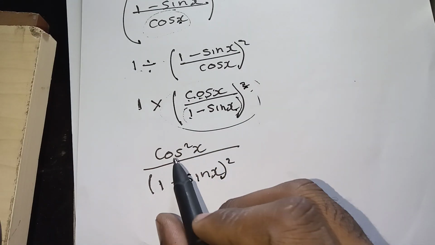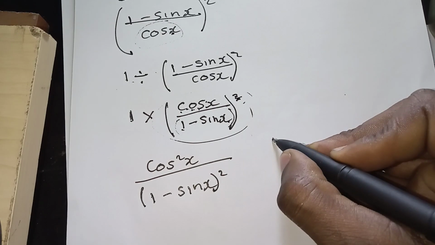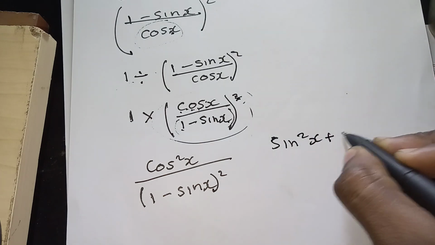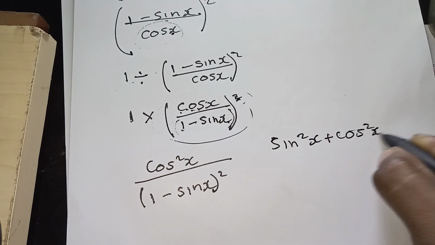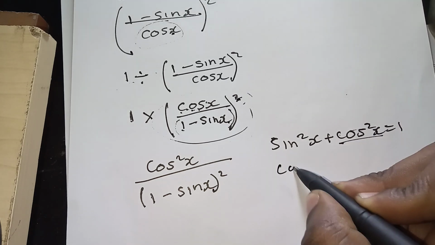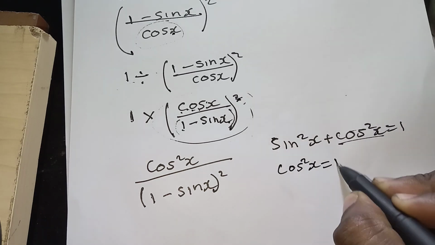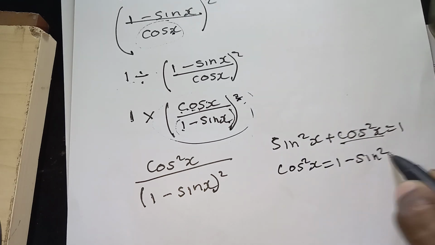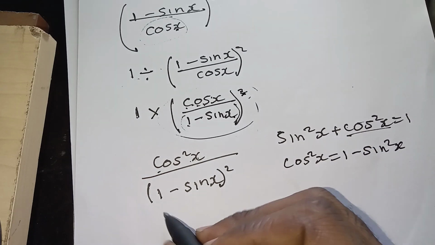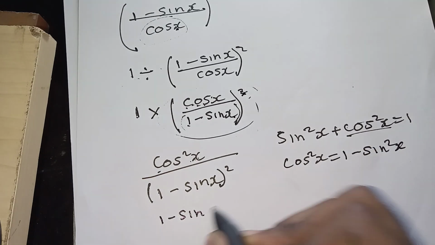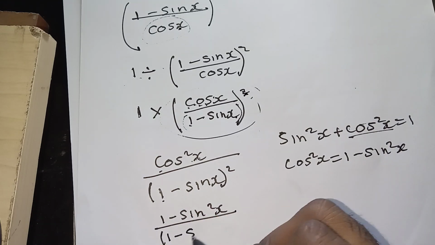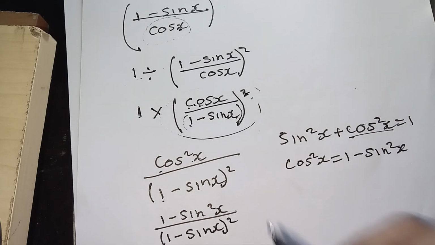Yes, and then from this identity, sine squared x plus cos squared x is equal to 1, we know that cos squared x is equal to 1 minus sine squared x. So where we have cos squared x, we can write 1 minus sine squared x, then everything over 1 minus sine x squared.